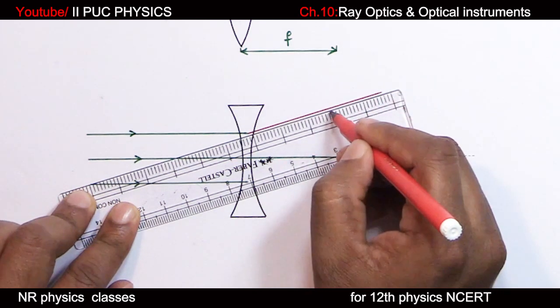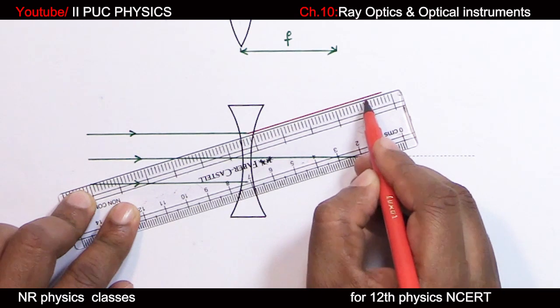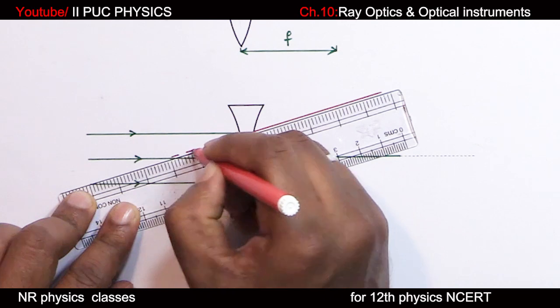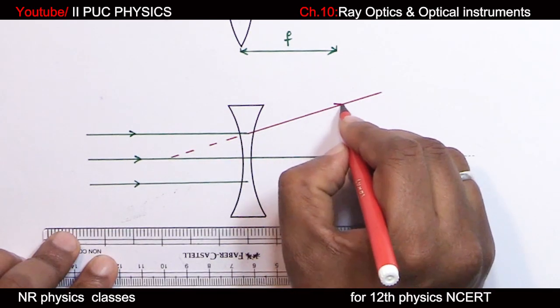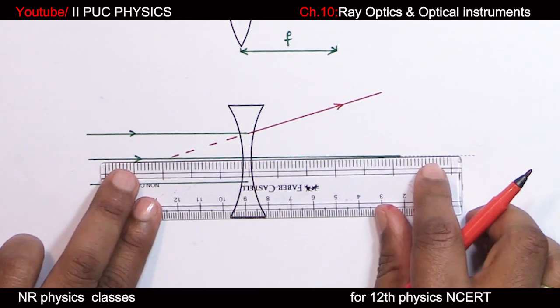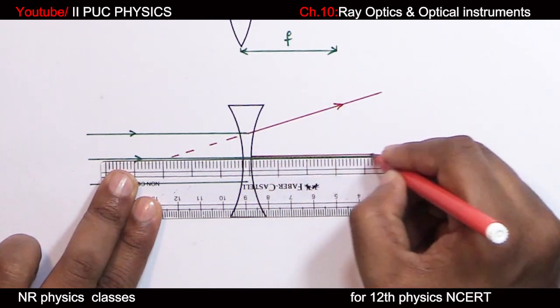it diverges, and the diverging ray, the refracted or emergent ray, appears to be coming from some point on the principal axis. So this is the refracted ray. In this case, this is the refracted ray because the ray is along the principal axis.